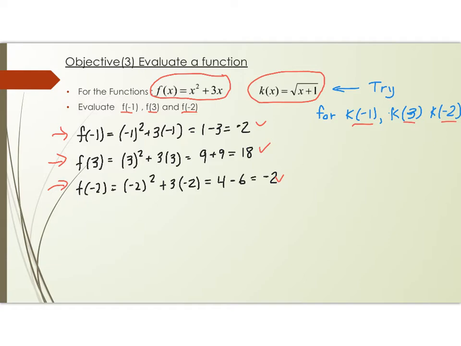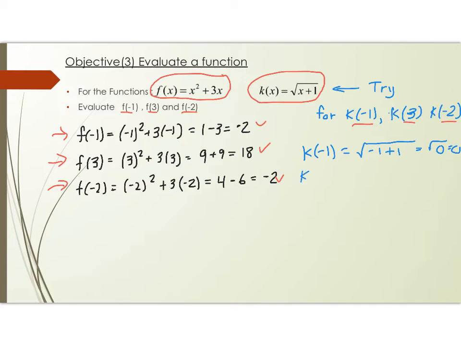So you should have tried. For k of -1, we get the square root of -1 plus 1, which is equal to the square root of 0. So guess what? That's just 0.